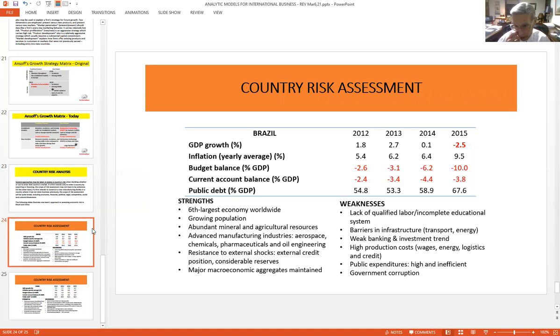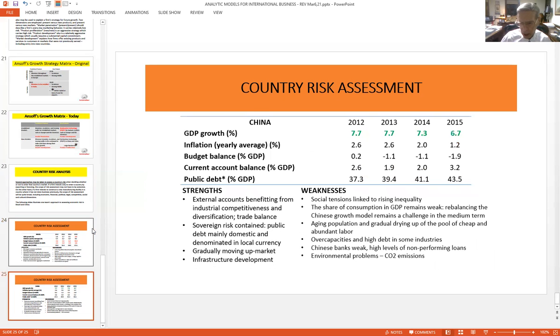Here's how this team did it, and I'm going to let you read these slides. I'm not going to, but you can get the picture here. You can look at the years and see this was done several years ago. But at the time it was done, Brazil wasn't looking too good. Frankly, it's not looking very good today. On the other hand, China was looking very good, and it's looking good today.